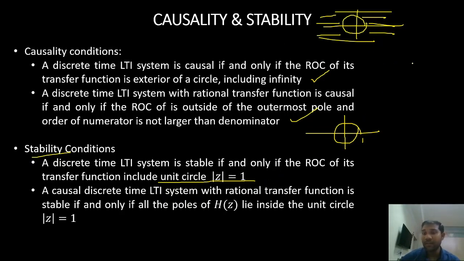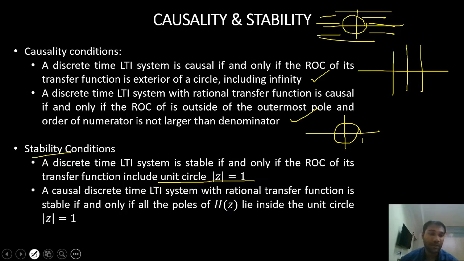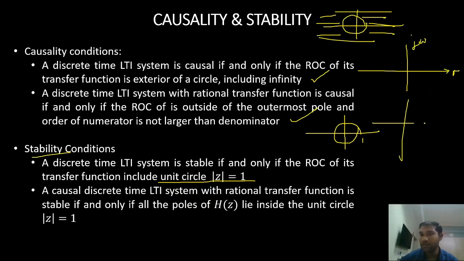If I compare Laplace transforms and Z transforms, in the Laplace transform I'll have strips. So let me say this is my sigma and this is j omega, and this is the Z transform.